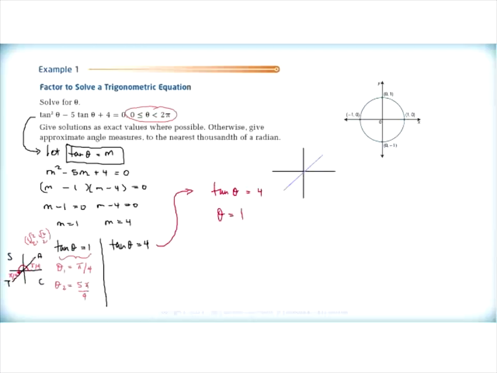So theta equals tan inverse of 4, and I get theta is equal to 1.326 radians, because it did say to the nearest thousandth right up here. My calculator gave me this answer right here, 1.326 radians. So that's my third value of theta, because I've already found two values over here. My fourth value of theta is right there.